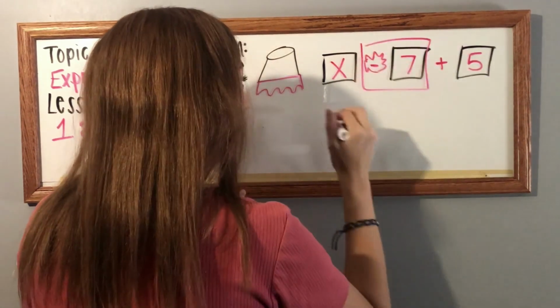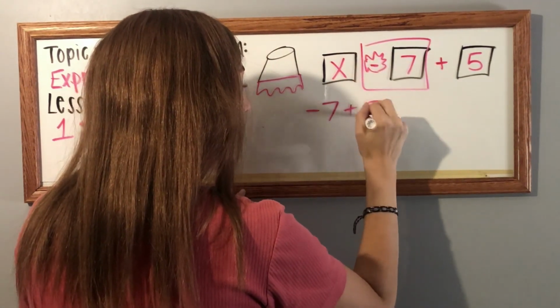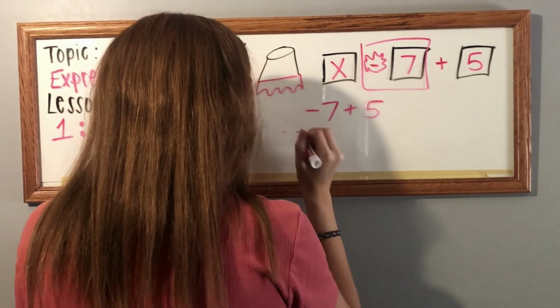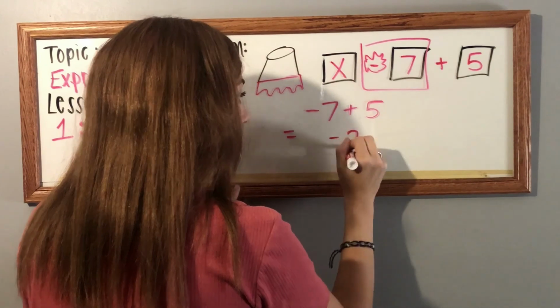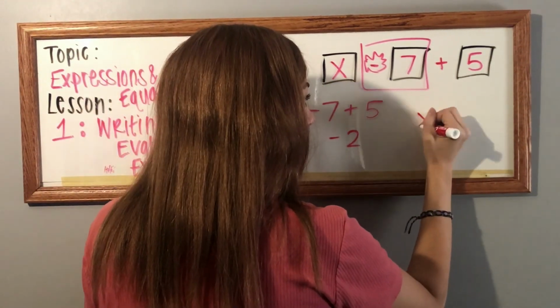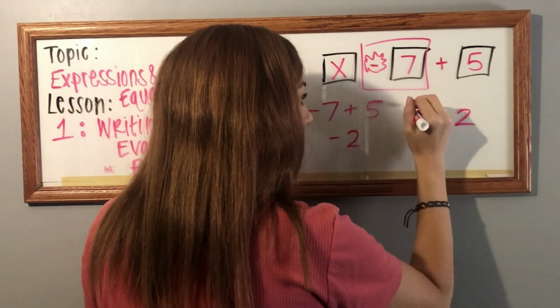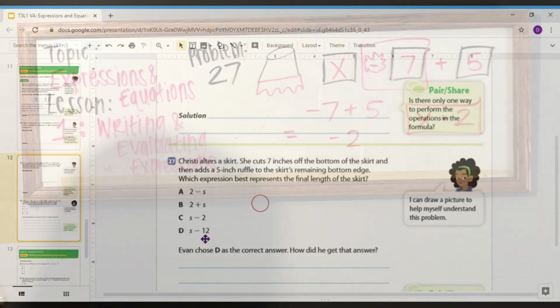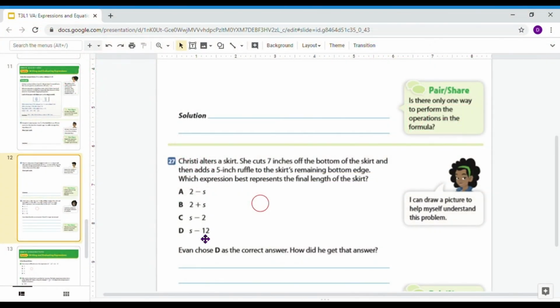So if I had negative 7 and I added 5 to it, I would go all the way up to minus 2. So I can rewrite this expression, x minus 7 plus 5, as x minus 2, and I could still get the same answer. So the correct response on your paper is letter C, S. They used S, sorry, I used X. So S minus 2.